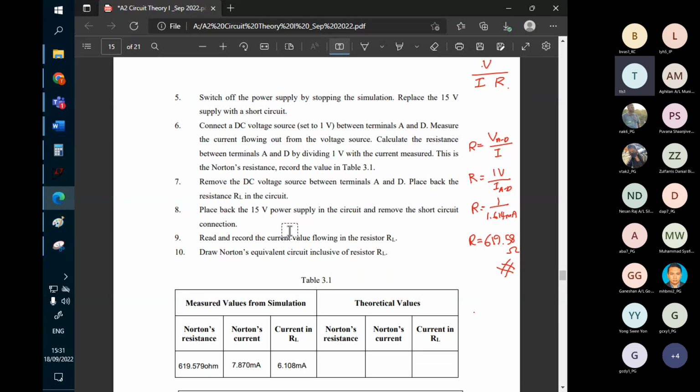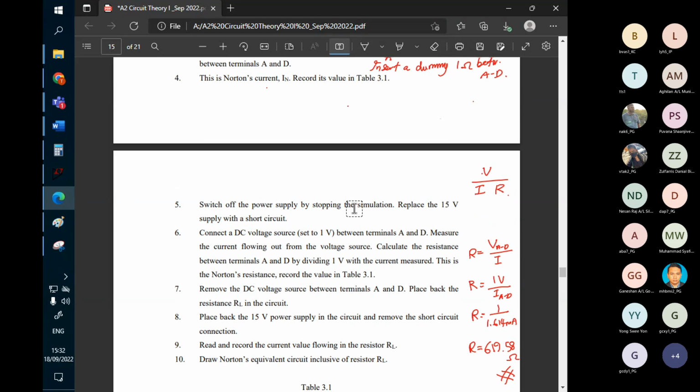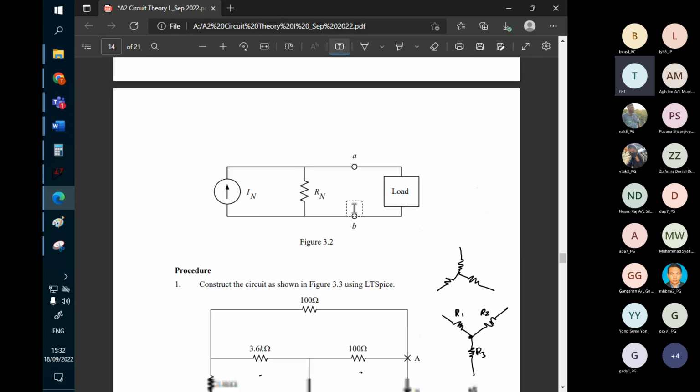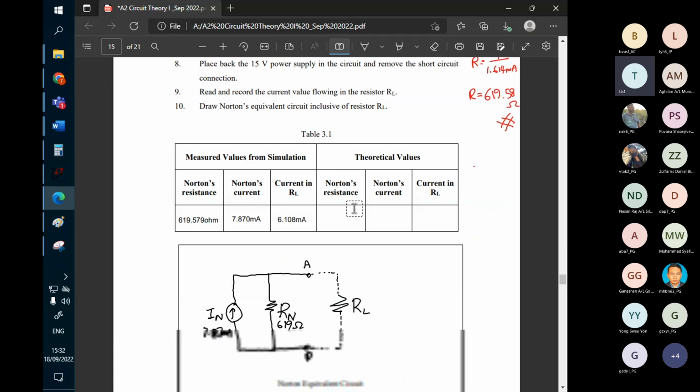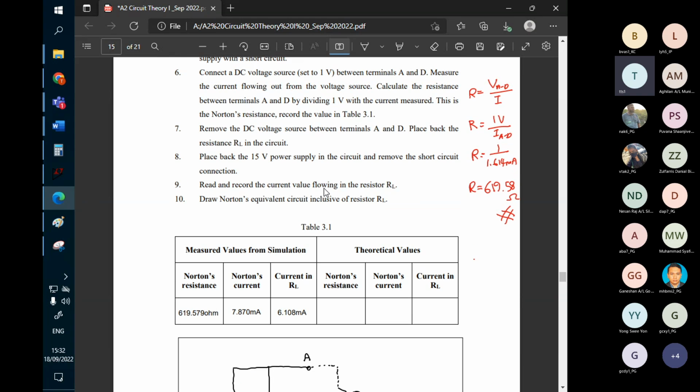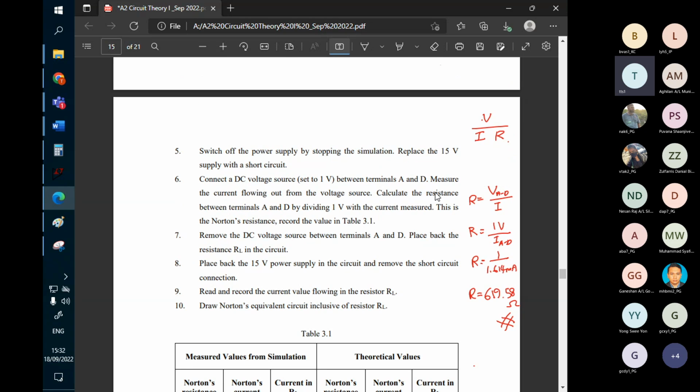Where is it? Read and record. To determine the theoretical value... it didn't show here. Or here: compare the simulation result with the theoretical value. I didn't explicitly ask you to calculate the theoretical value, but somehow you need to do this also without using the software, to compare it with the theoretical value.